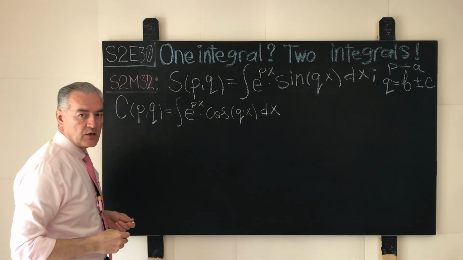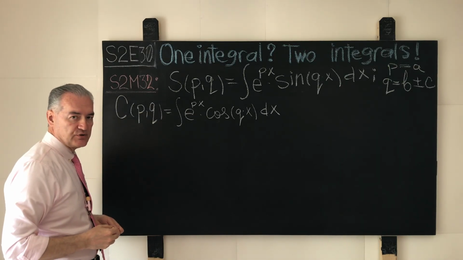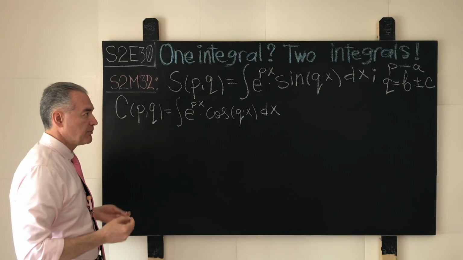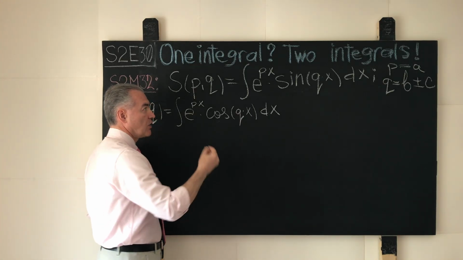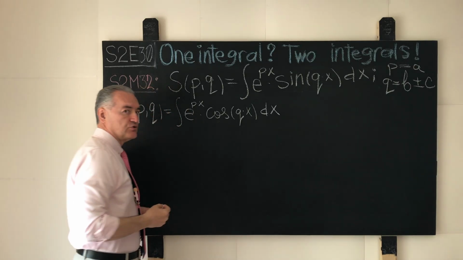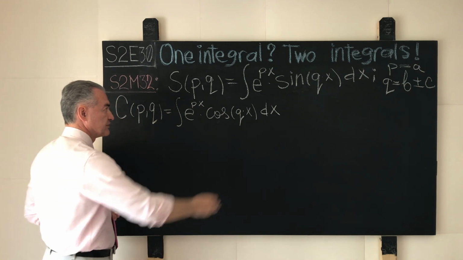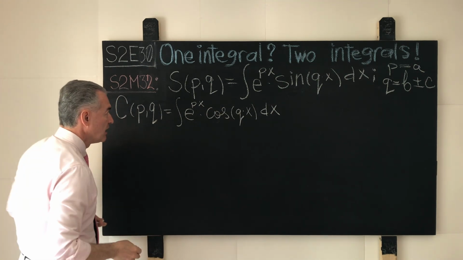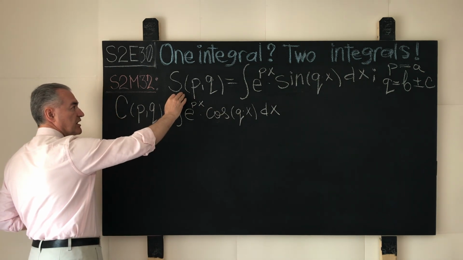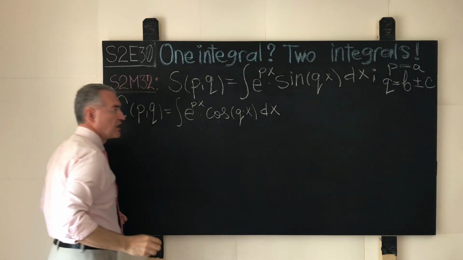So again, temporarily ballooning the amount of material that we have to deal with allows us to gain a competitive advantage. So how do we gain the competitive advantage? By perhaps counterintuitively expanding the amount of problems that we have to solve. Instead of one, we have to solve two. Well, let's work with the sine, with the function S of p and q, and this integral.